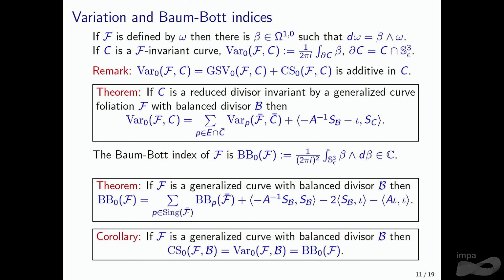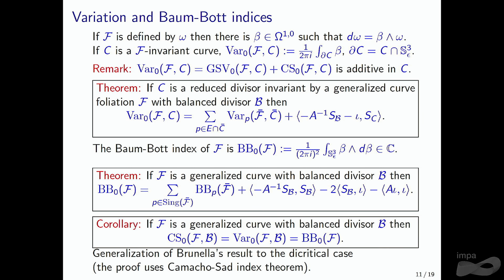As a corollary, after some work, we obtain that if f is a generalized curve with balanced divisor b, then the Camacho-Sad index of f along b equals the variation index of f along b and equals the Baum-Bott index of the foliation. So when we apply this Camacho-Sad or variation index for a balanced divisor, what we obtain is the Baum-Bott index.